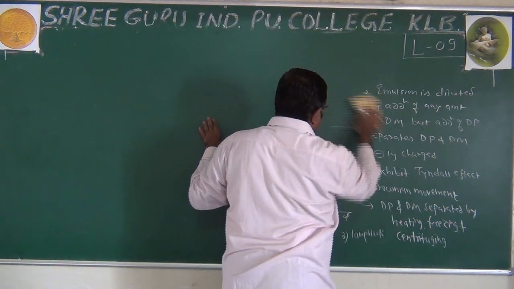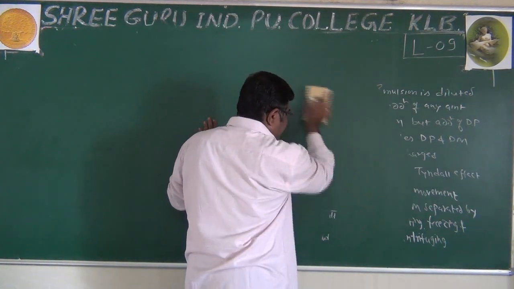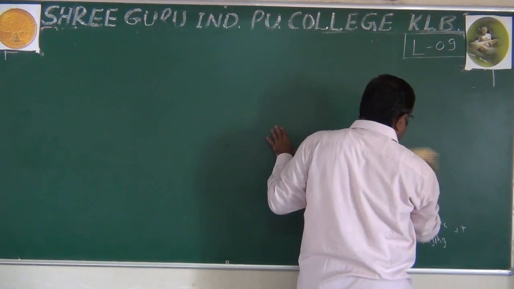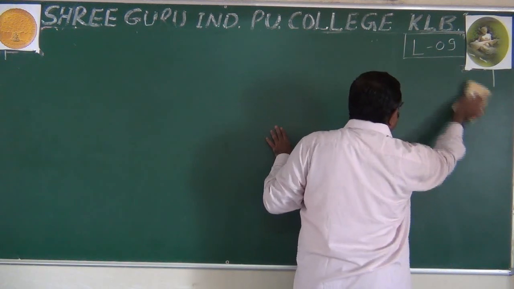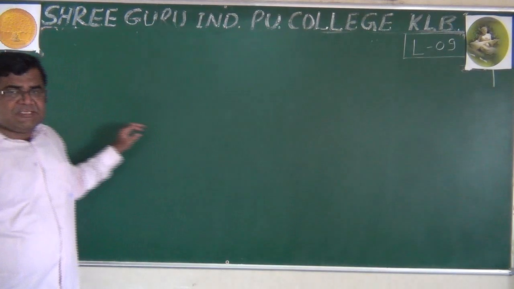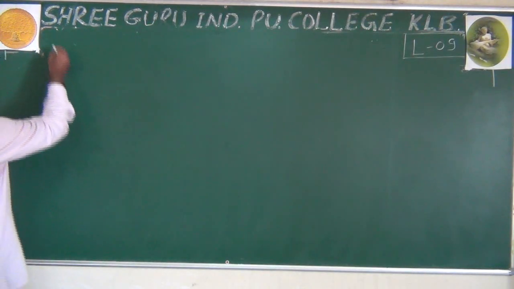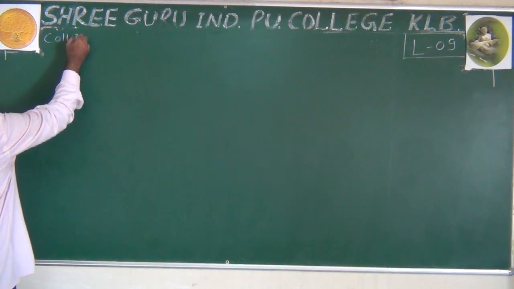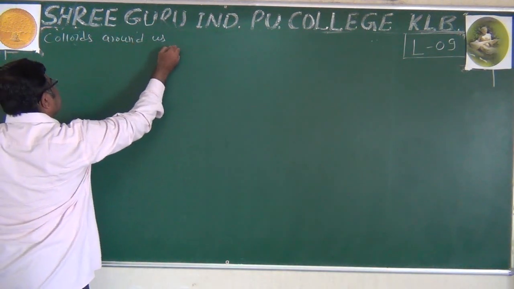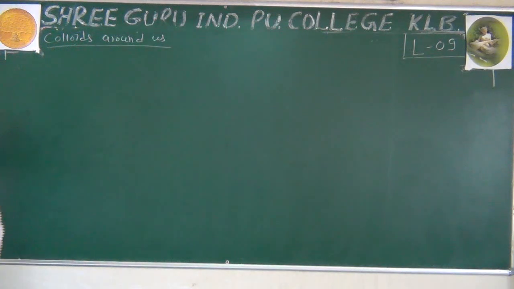Particle size 1 nanometer to 1000 nanometer, heterogeneous system, dispersed phase particles dispersed in a dispersion medium. So there are many colloidal systems around us. I write here colloids around us. We are surrounded by the colloids.